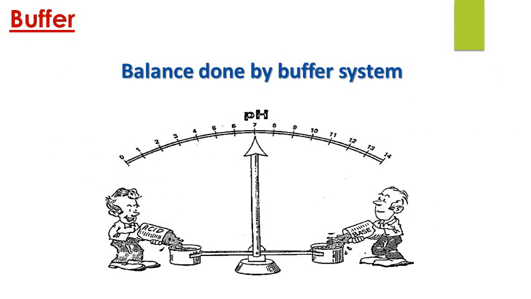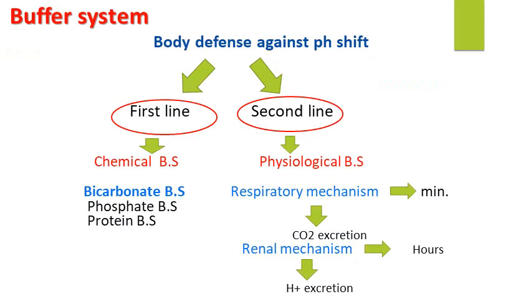Buffer system. In our body, the pH of the blood should be kept within normal range. So any changes in the blood pH will stimulate some defense mechanisms. The final aim of these defense mechanisms is to keep pH within normal range.